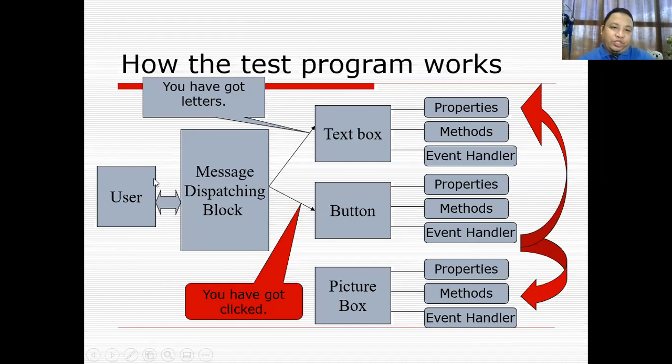For example, the user will dispatch a message box. Text box, button, and picture box each have properties, methods, and event handlers, and you have the click event.